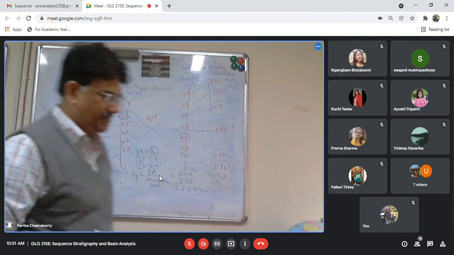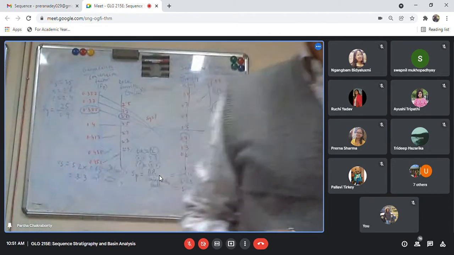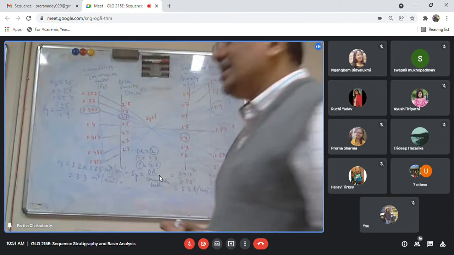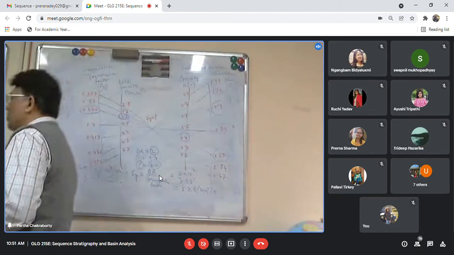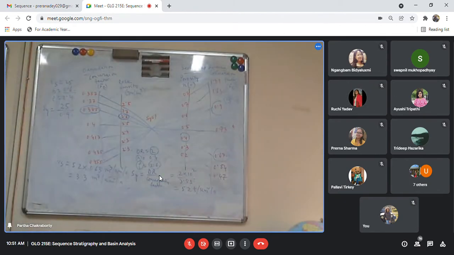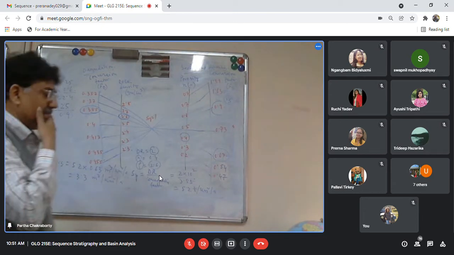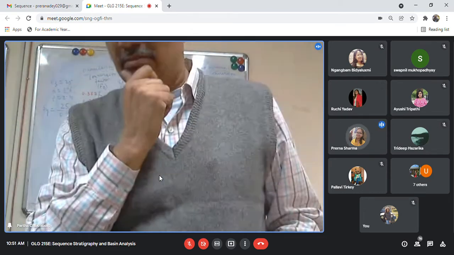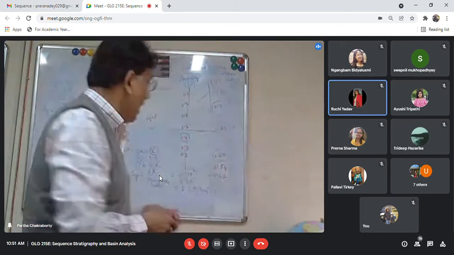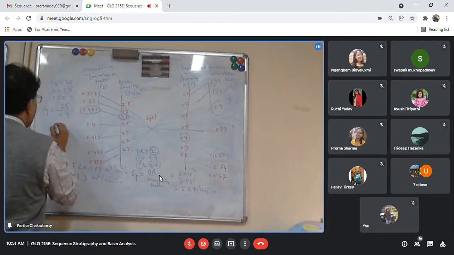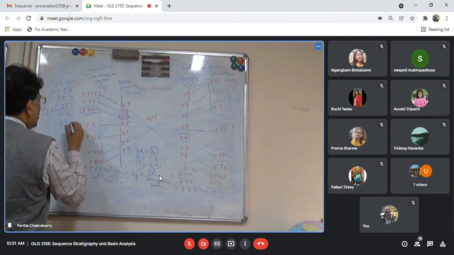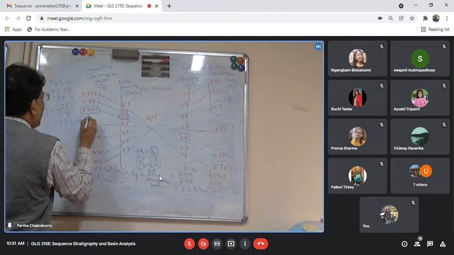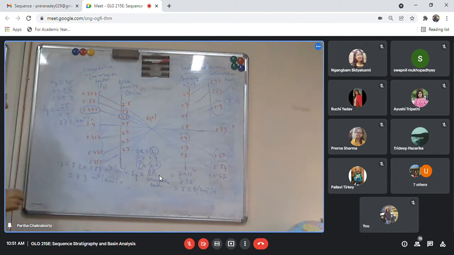Yes, just a back exercise I am doing. So it will be 27 tons per kilometer square per annum, if you divide 25 by 0.9.